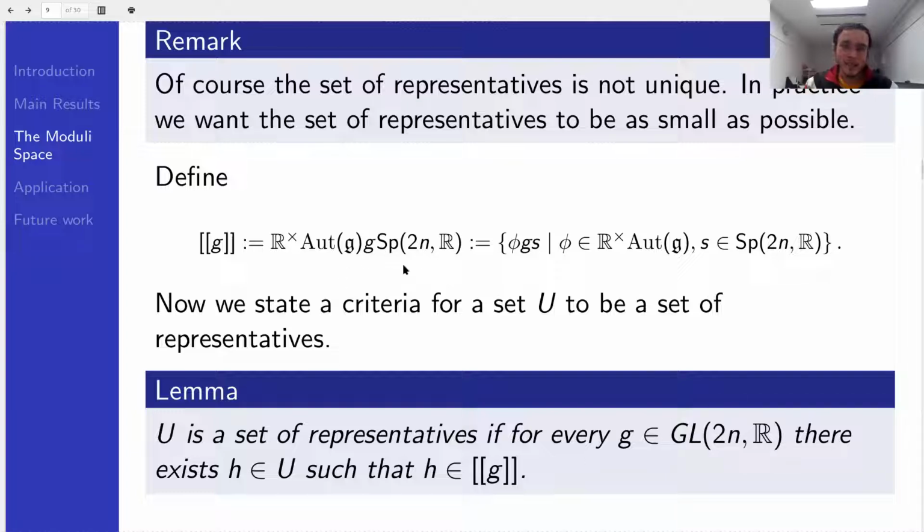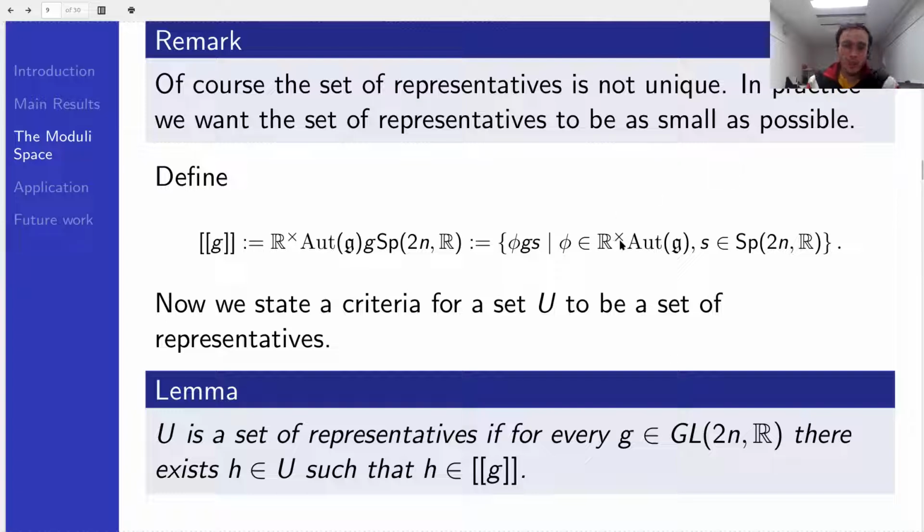So with this criterion, to obtain a set of representatives, what you have to do in practice is grab an arbitrary element of the general linear group and multiply in a creative way from this side by this group and from this side by this group and try to make it as small as possible. Again, the idea is to obtain the smallest one or the nicest one that you can.